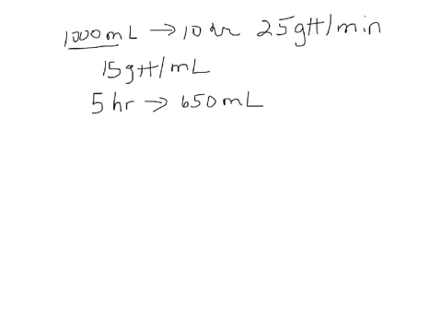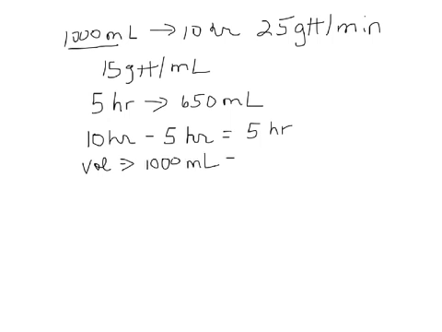So your time remaining, we've got 10 hours was our original order, minus 5 hours equals 5 hours. Our volume remaining is 1,000 milliliters minus what's already infused, which is our 650.